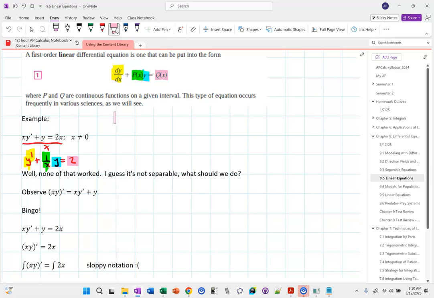Now, if we try to separate this, what you're going to find is it's not possible to separate. We're still going to be stuck with a y in the wrong spot, right? Even if I subtract that over and then divide by y, then the y gets stuck on this piece.